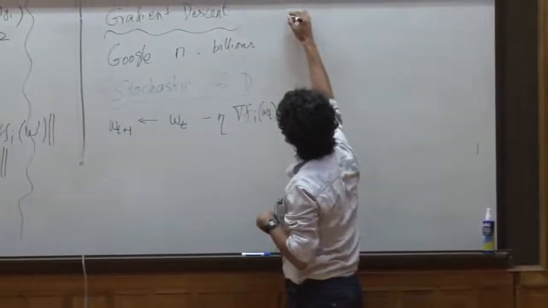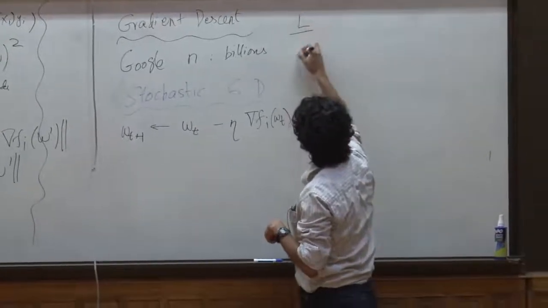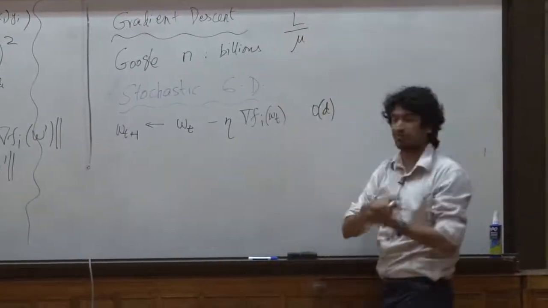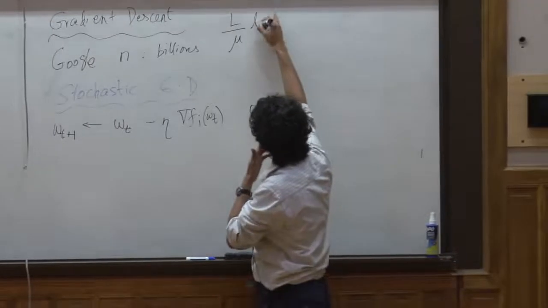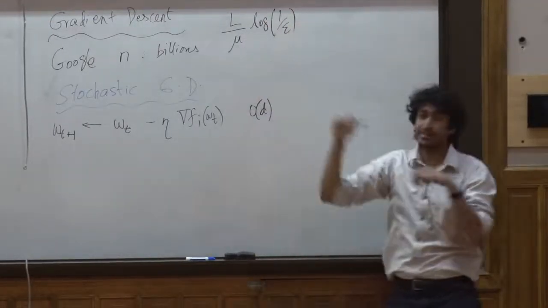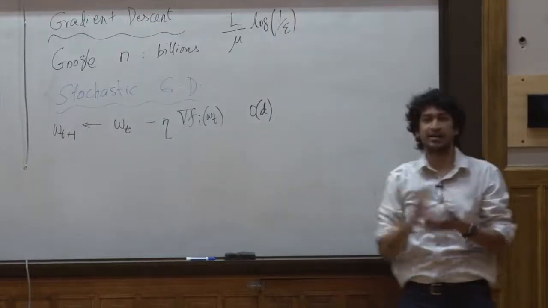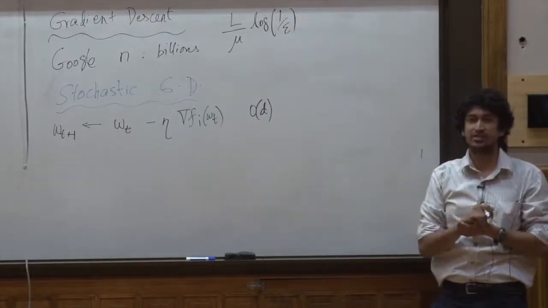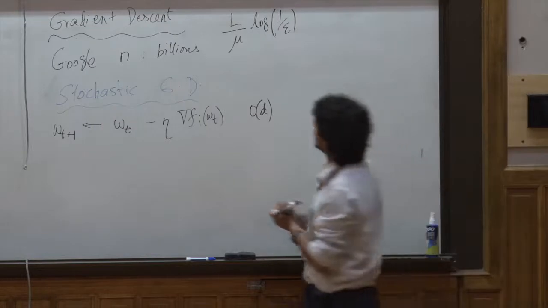And that rate just looks something like L by mu, which is like the condition number of the problem, times log of 1 by epsilon. So that's the number of steps that gradient descent takes to reach an accuracy of epsilon.